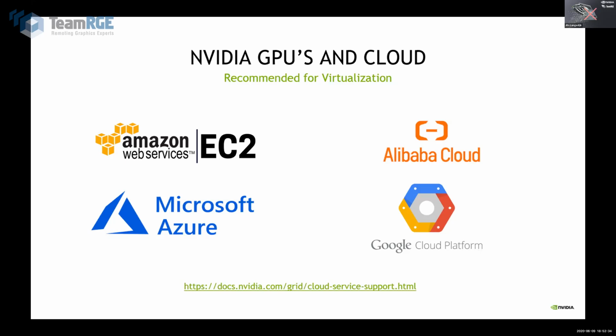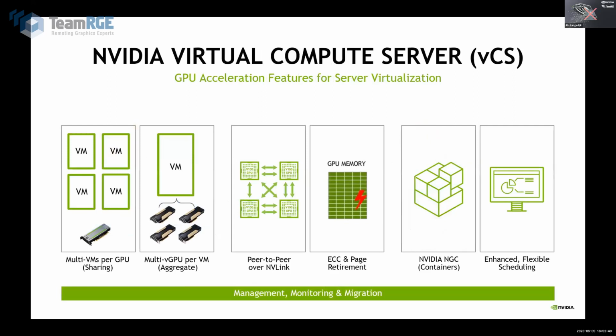So on-premises or cloud, and as I said, we have different use cases, graphics or compute. And I think for compute, it's very important to highlight this virtual compute server that we introduced with version 9 of vGPU. So with virtual compute server, next to the multi VM per GPU, which is basically what we started off with vGPU, we now have the ability to aggregate multiple virtual GPUs into one virtual machine.